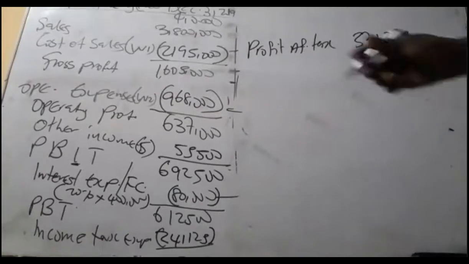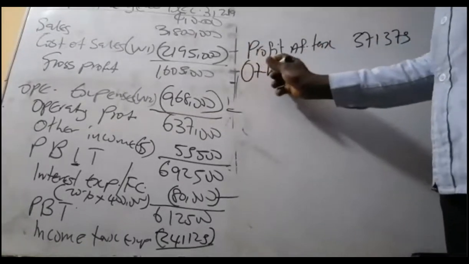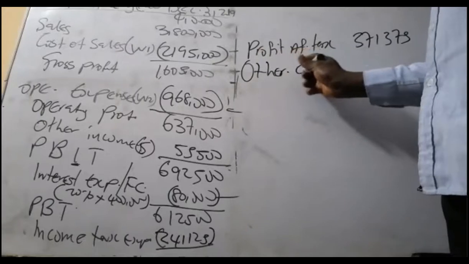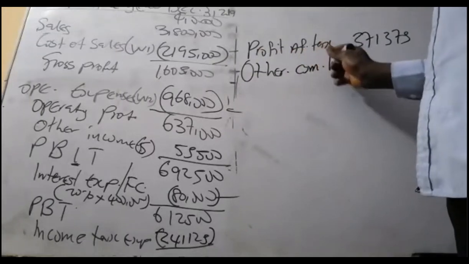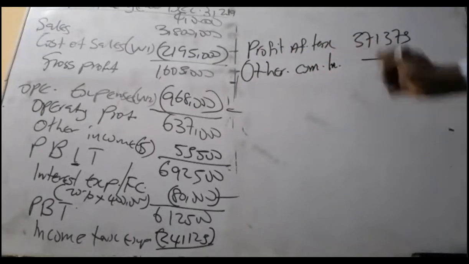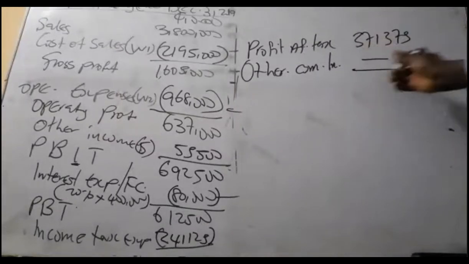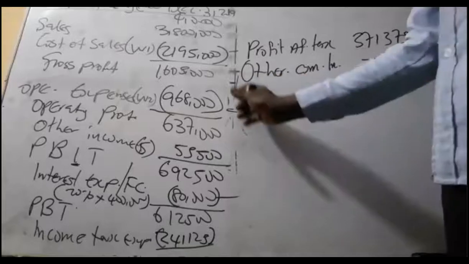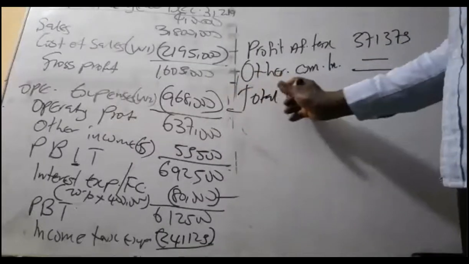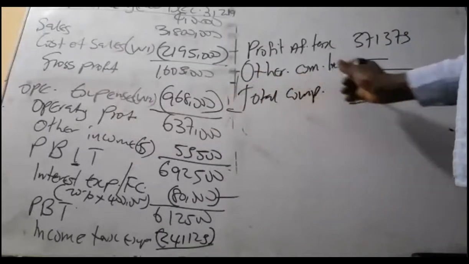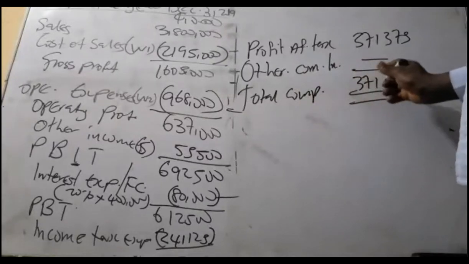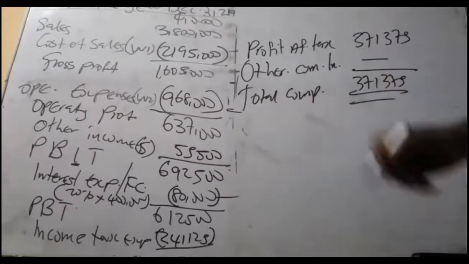371,375. Then you say other comprehensive income. Bring it and put a dash there. And tell the examiner total comprehensive income 371,375.